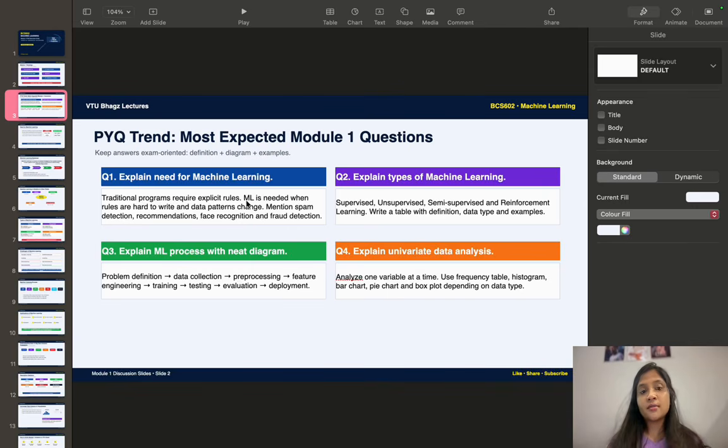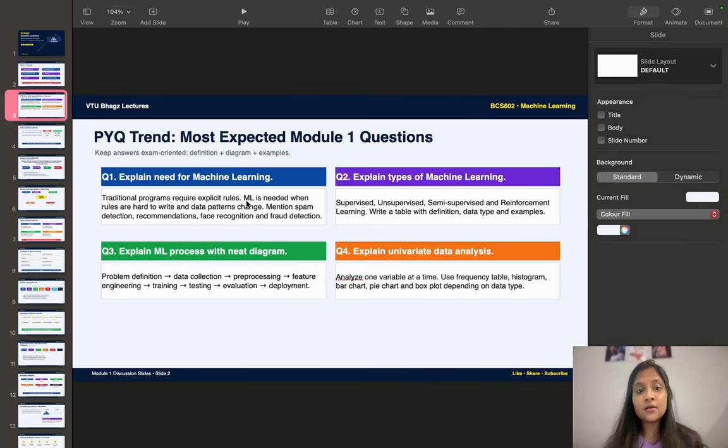In traditional programming, we give fixed rules, but in machine learning, the system learns from the data. You can include examples such as spam detection, face recognition, recommendation systems, medical diagnosis, and fraud detection. In the exam, write the answer in the format of first explaining traditional programming, then why it is not enough, then how ML solves the problem, and finally real-time examples.